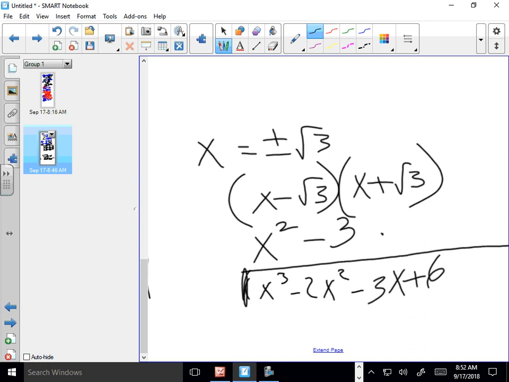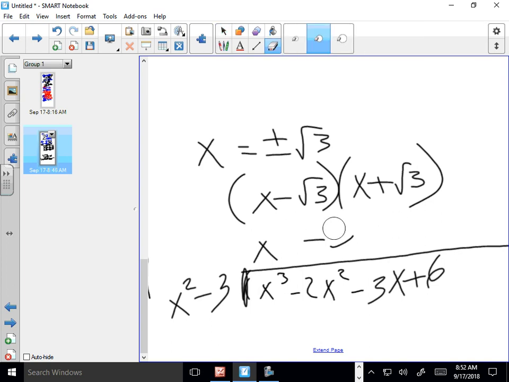My divisor is x squared minus 3. Now, this could be easier because I just have to multiply an x squared to make an x to the third. But I'm missing the x to the first term here, and some people are uncomfortable with that.